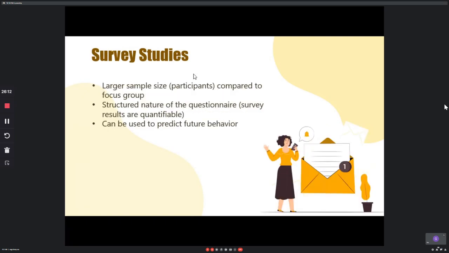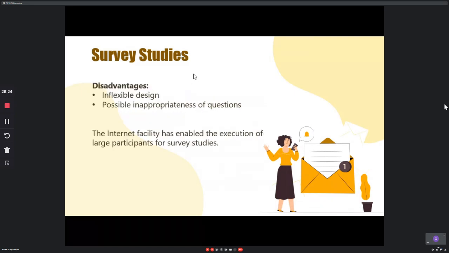For survey study, we can actually involve more people, a larger sample size. You just give them a survey, right? Like a questionnaire, you just give them a survey form. But the disadvantage is the inflexible design because you will need to fix all the items.